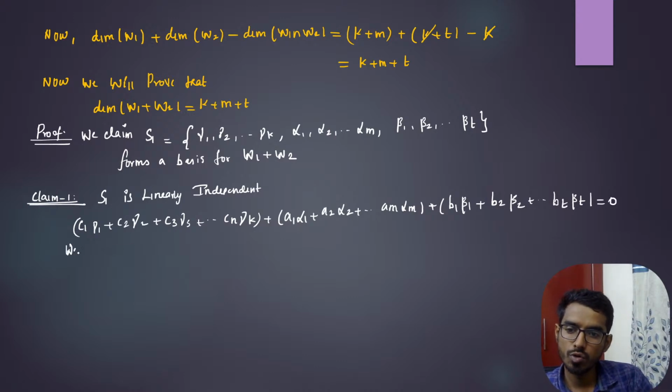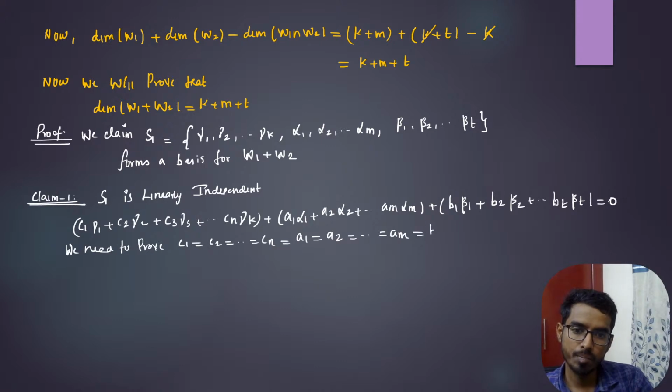We need to prove that C1, C2 up to Ck, A1, A2 up to Am, and B1, B2 up to Bt are all equal to 0.